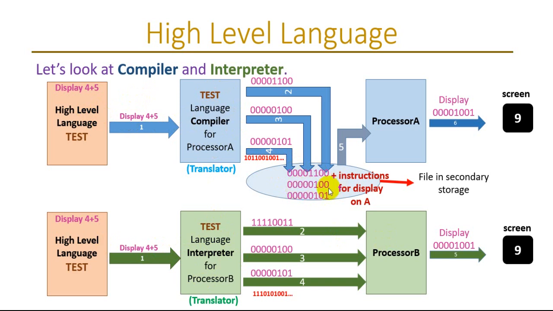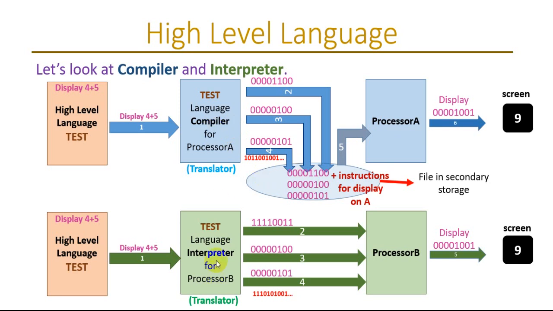After that, the processor can take from there and do it any number of times. It's on a piece of paper, so no issue. Even 2 days after, the processor can look at this and do the same thing. So the translator won't be required after that. Once he writes a translation on a piece of paper, the piece of paper can be used, and it's already translated. So that is the way a compiler works.